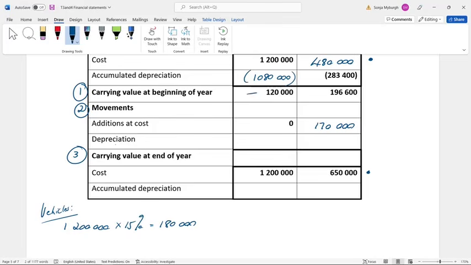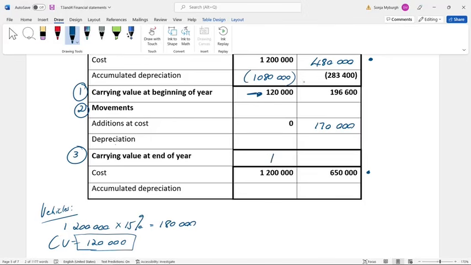But we've seen that the carrying value is 120,000. So that is what it is worth, 120. If I subtract 180 from that, then I'm going to get a negative, and I can't have a negative carrying value. We are still using that vehicle, so it must be shown at a value of at least R1.